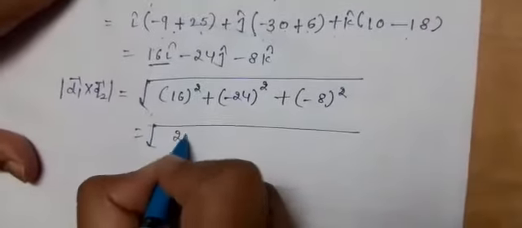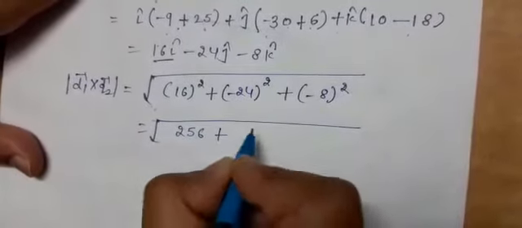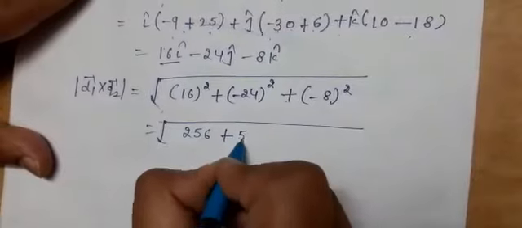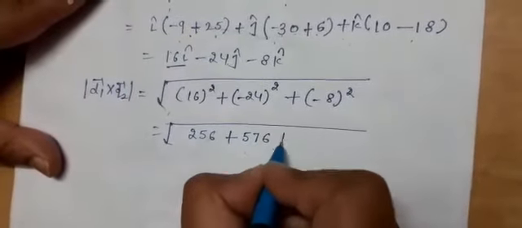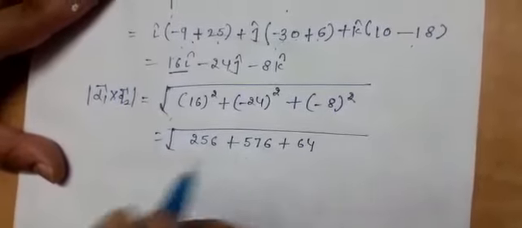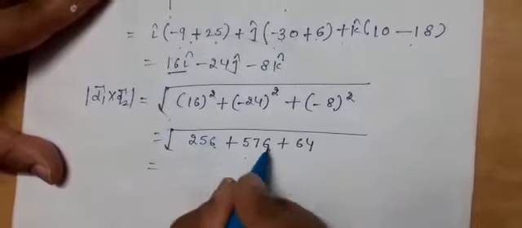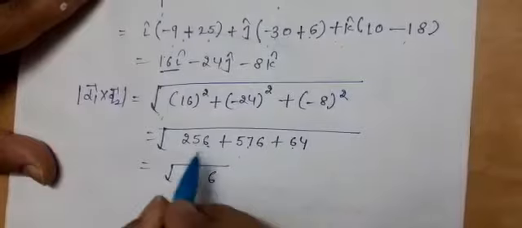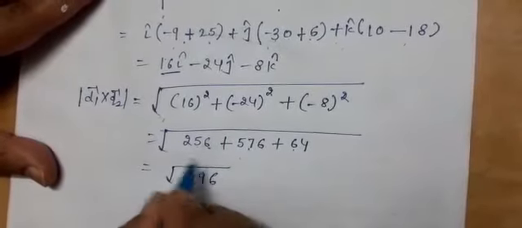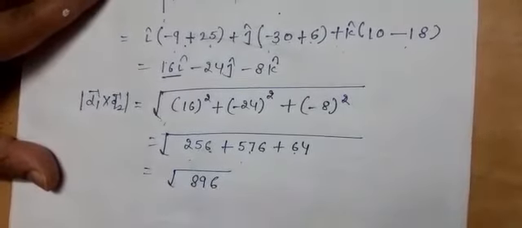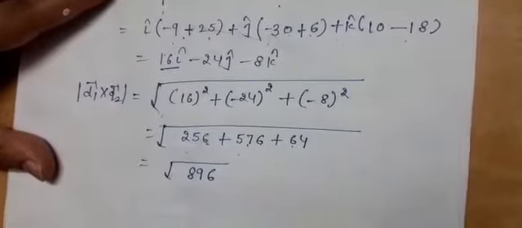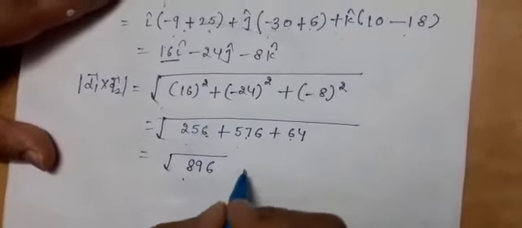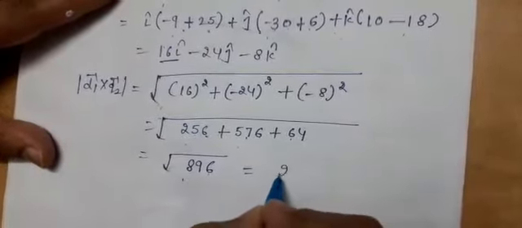So I will just solve it. 16 square is 256, 24 square should be 576, and 8 square is 64. Now just add it. This is under root of 896. You can just leave it, or if you want to take its square root, you can check.